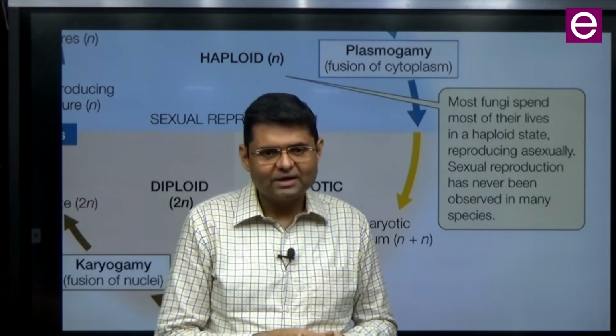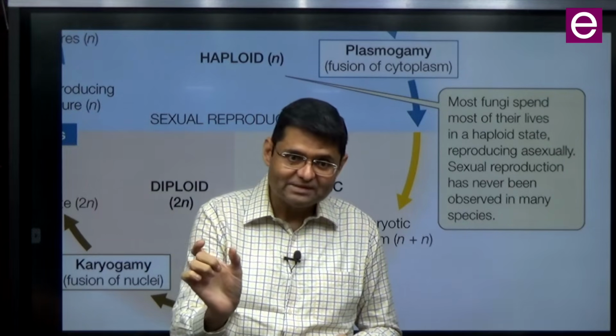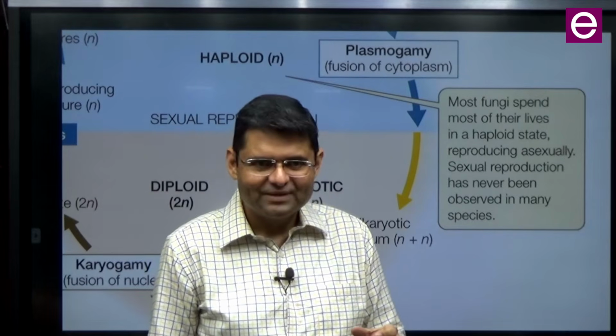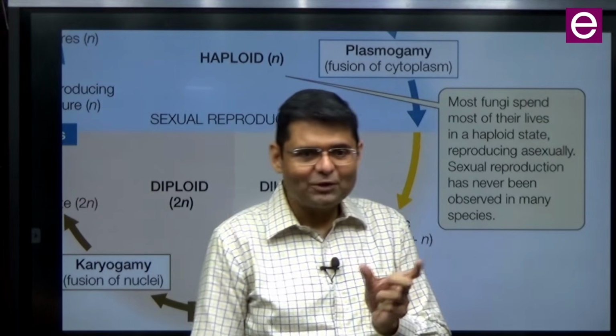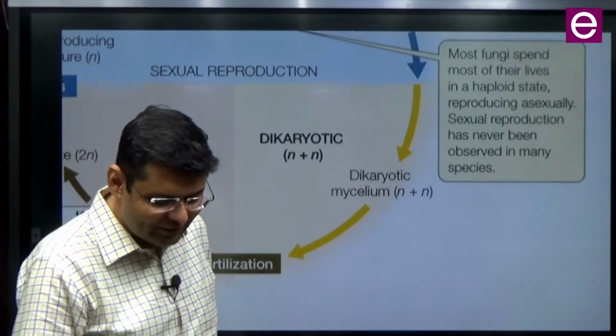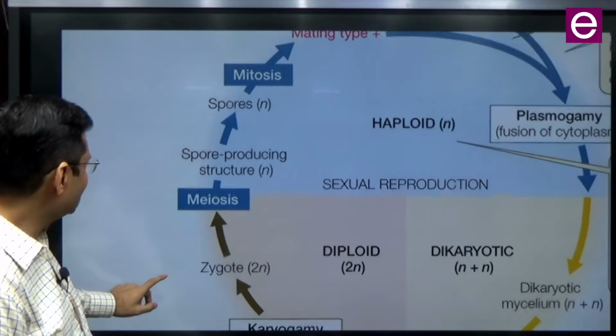वो एग्जामिनर खुश हो जाएगा. filamentous ascomycota लिखने का मतलब क्या है कि you are excluding Saccharomyces. Remember, in Saccharomyces, the dikaryotic phase is short. So in filamentous ascomycota and all basidiomycota, the dikaryotic phase is long enough. Okay. So dikaryotic phase, then karyogamy happens, then meiosis happens.